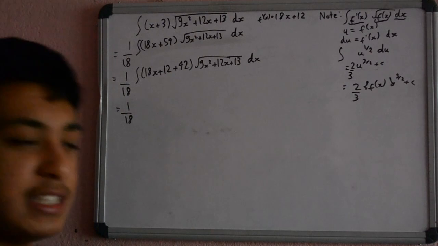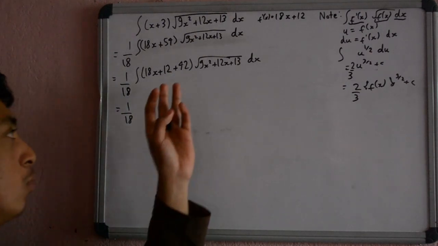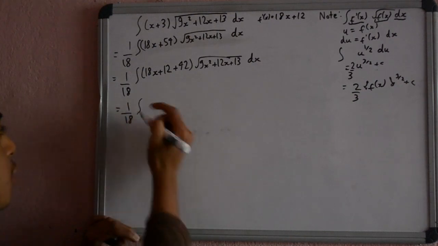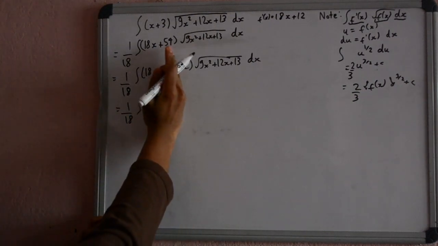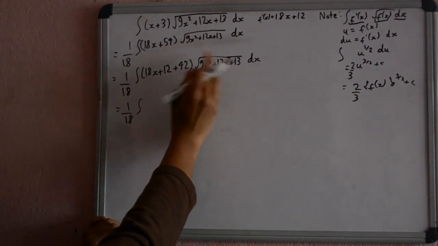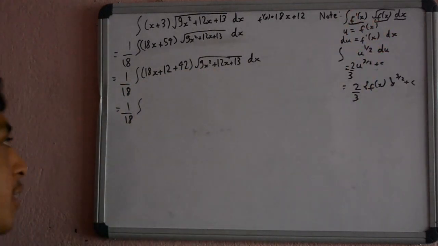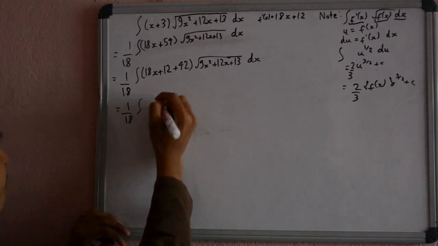Now, from this step, we want to distribute it. What we want to distribute is this 18x plus 12 part with this one, and then the 42 with this one, because now we'll get this part over here for the first integral.